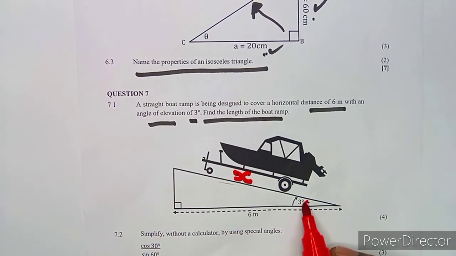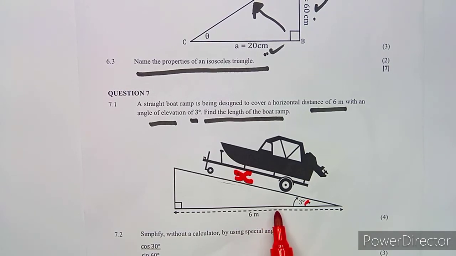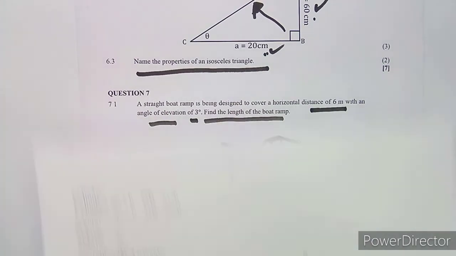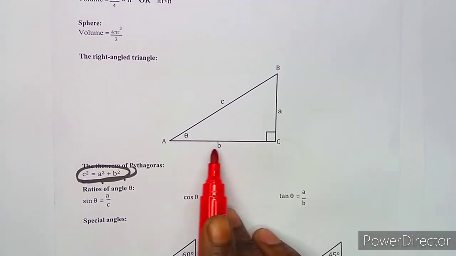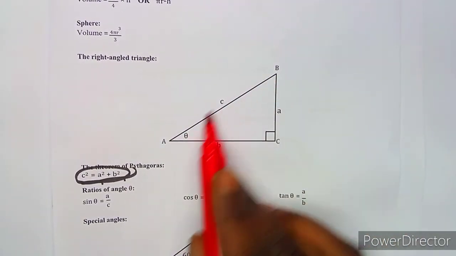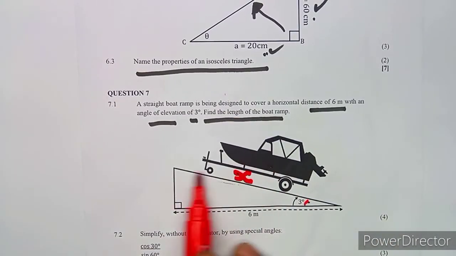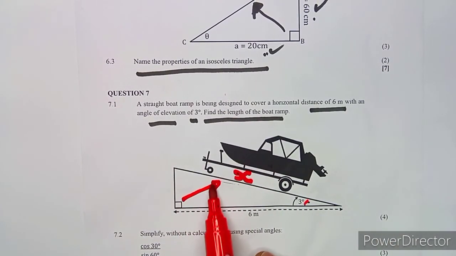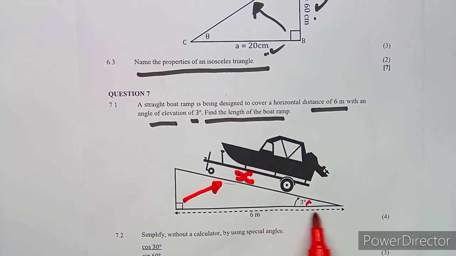So according to these 3 degrees, this is what we have, guys. I want you to see the way that the triangle is put, like this is how you are used to. But it's the same thing: we are given this side, which is C in this case, the one opposite to 90 degrees. We are given this angle and a side on this one.